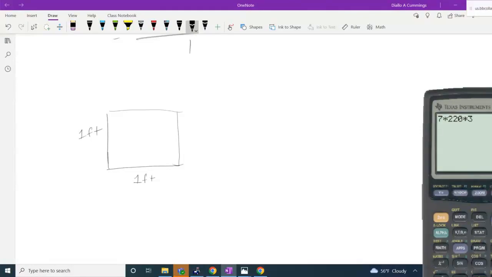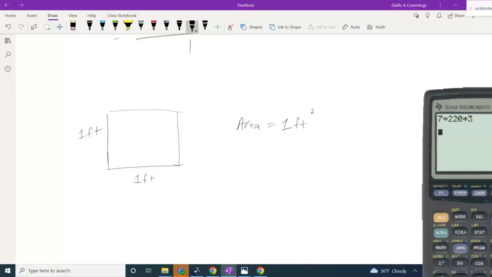So if I wanted to find the area, I would just simply multiply 1 foot by 1 foot. So 1 times 1 is 1. And when you multiply feet times feet, you get square feet.